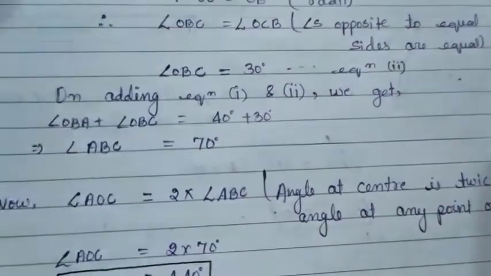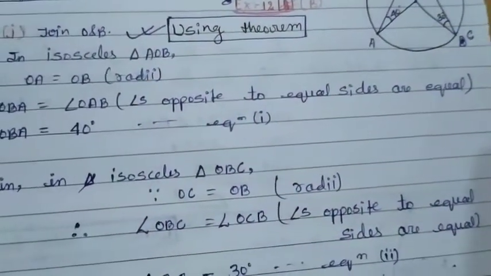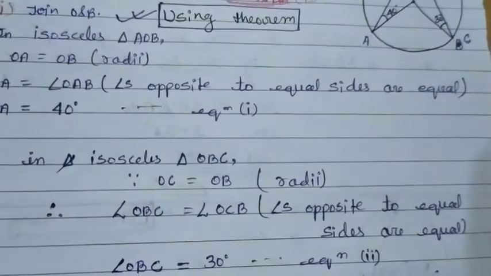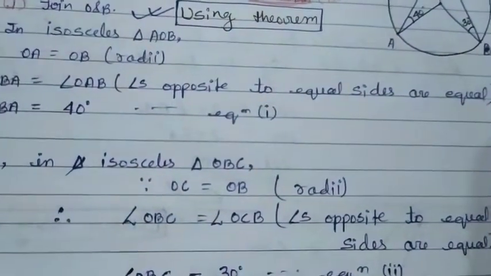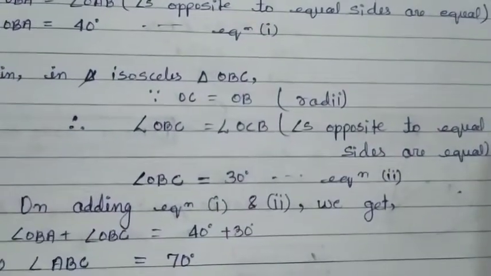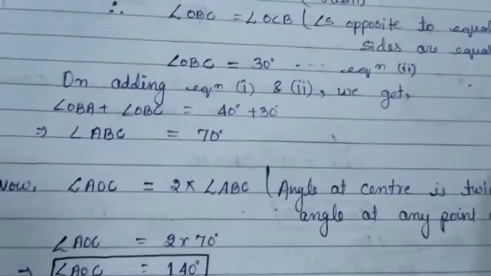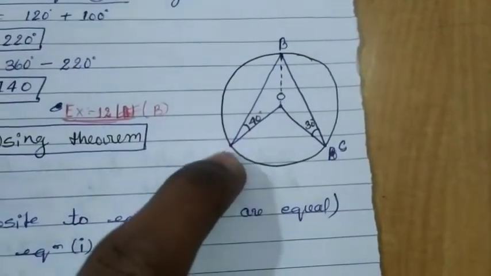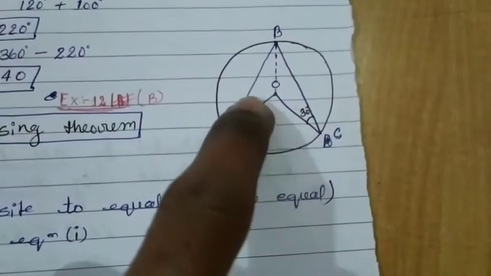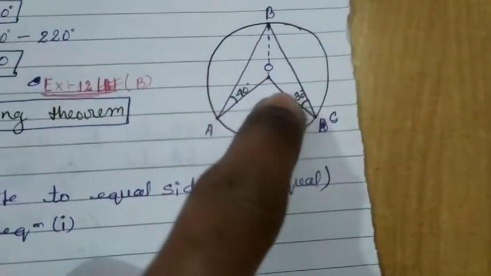Now there may be a question. Of course, a question may arise, it must arise, that angle AOC is of two types here: first, angle AOC on the upper side, and angle AOC from the lower side.